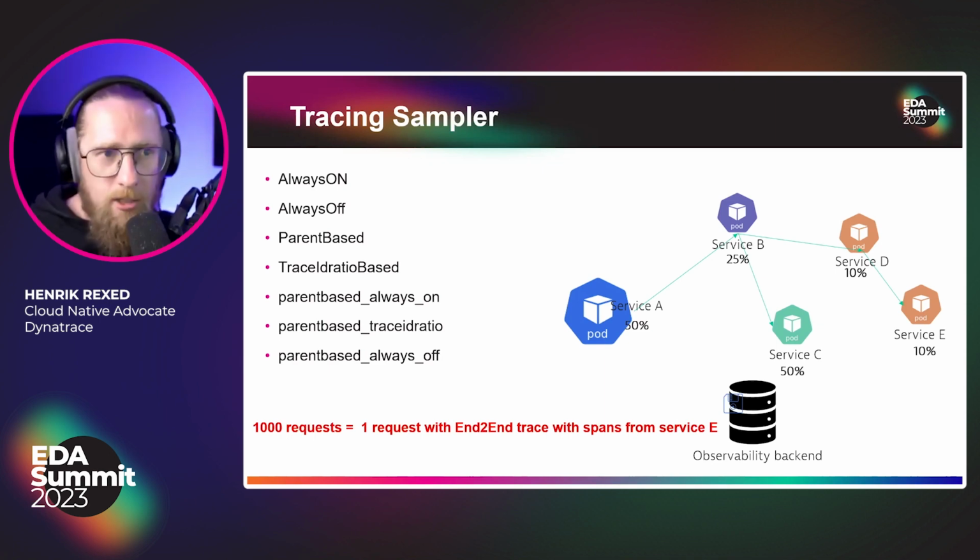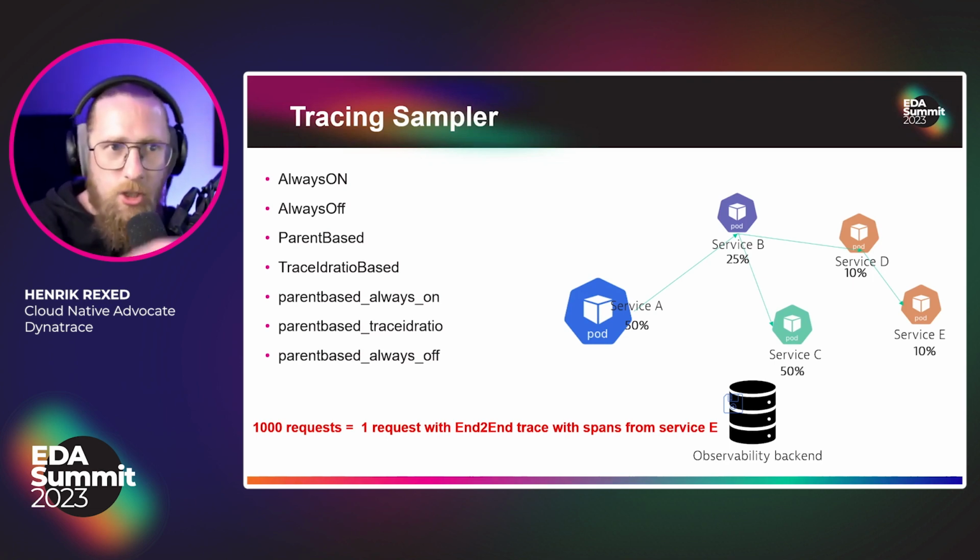In this example, I have service A defined with a trace ID ratio of 50%. For service B, we have defined a parent-based trace ID ratio of 25%, and all the dependencies are defined with a parent-based trace ID ratio. So why do I talk about this?